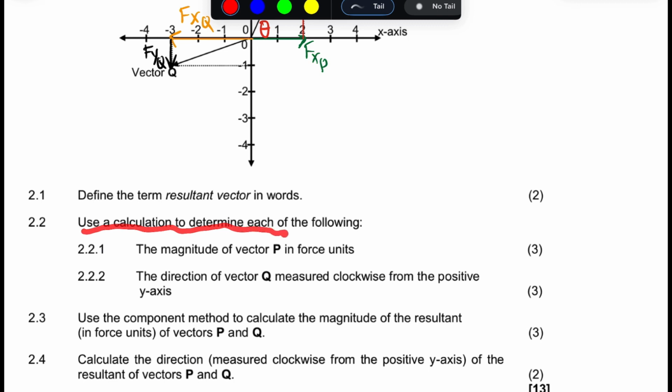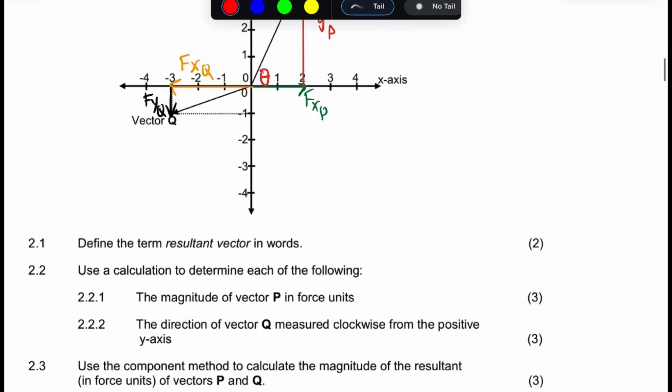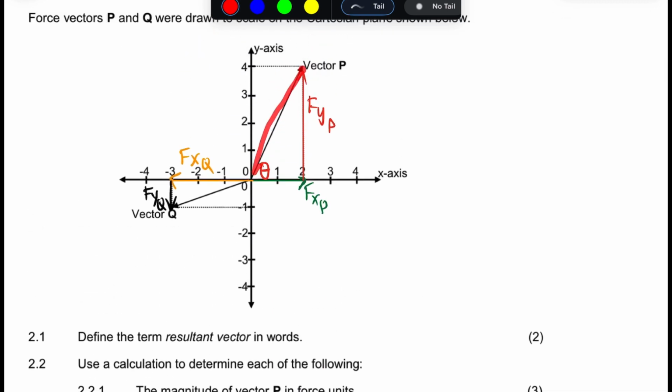2.2 says use calculation to determine each of the following: the magnitude of vector P. Now to get this magnitude, you have two adjacent sides, these two components. That means we use the theorem of Pythagoras.